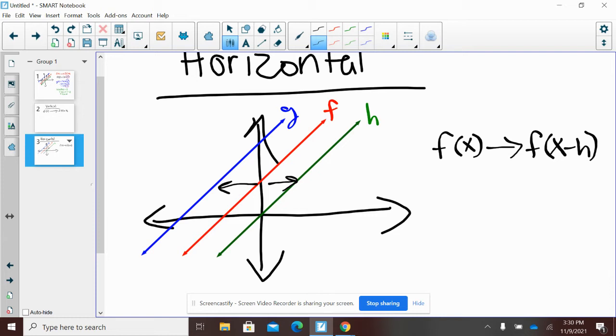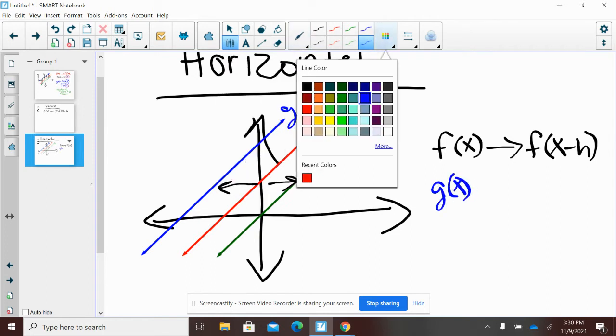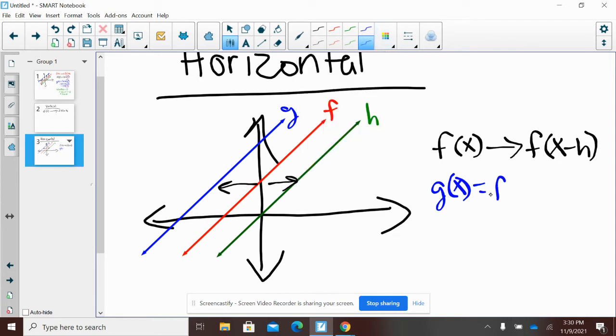So let's say my blue, which is g of x, was originally equal to my original function f, but now I'm moving a certain amount to the left. Let's say I moved to the left 2 spaces. Well, inside the parentheses, left 2 would be a negative 2.